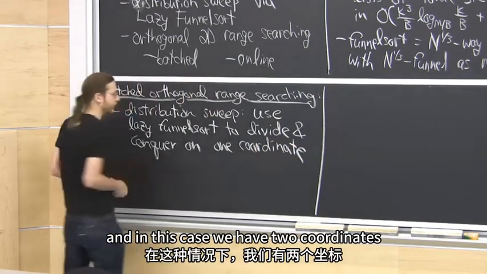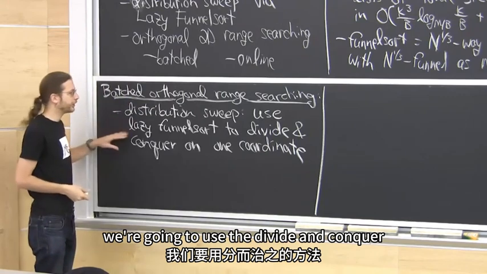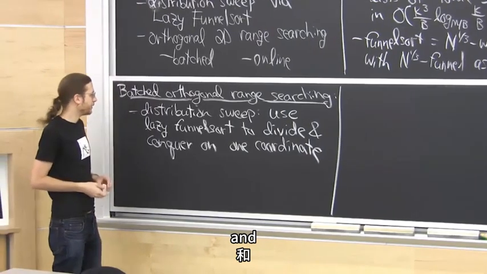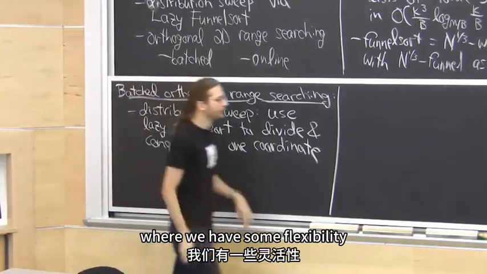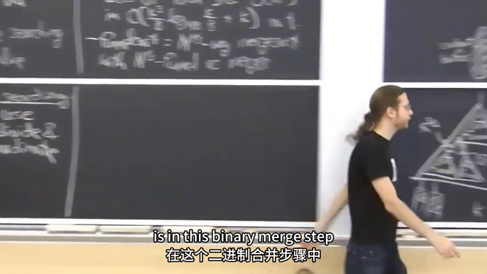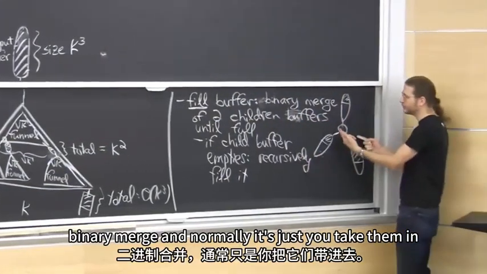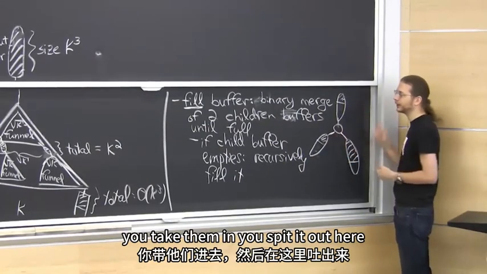And in this case, we have two coordinates. We're going to use the divide and conquer on one of the coordinates. And where we have some flexibility is in this binary merge step. We're doing this binary merge, and normally you take them in, you spit it out here, you take them in, you spit it out here.